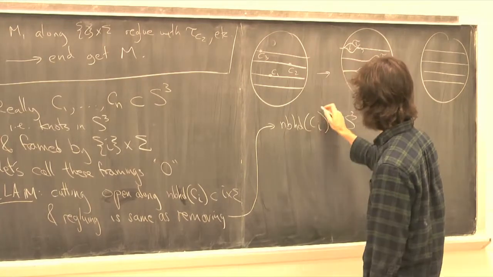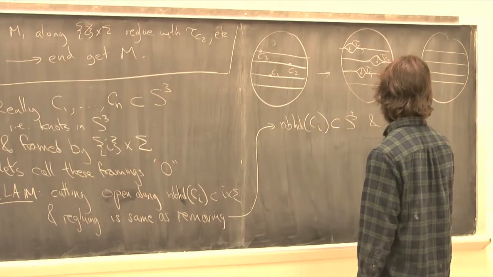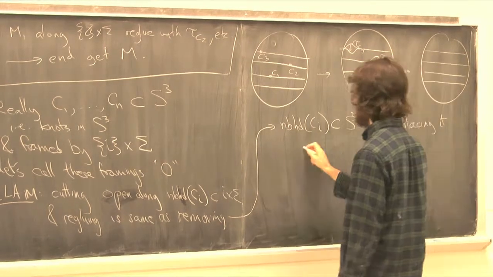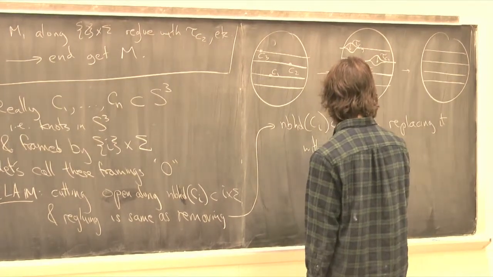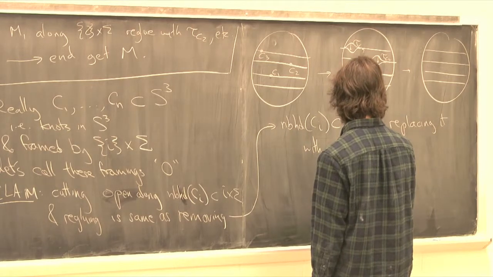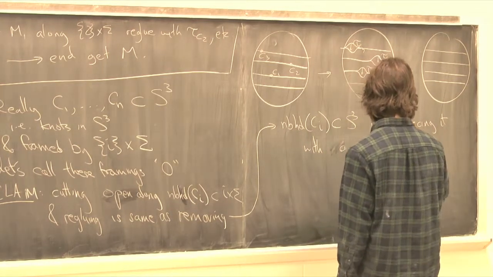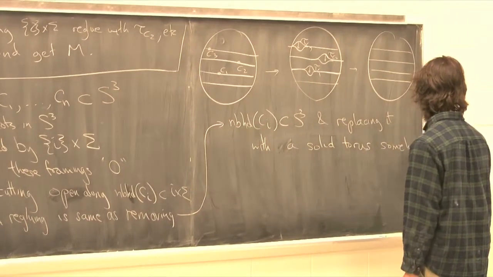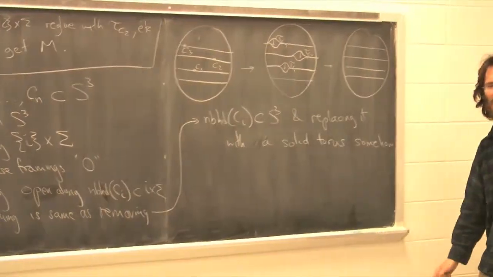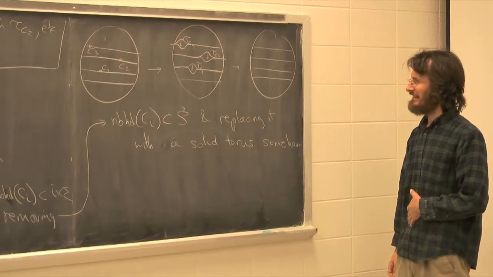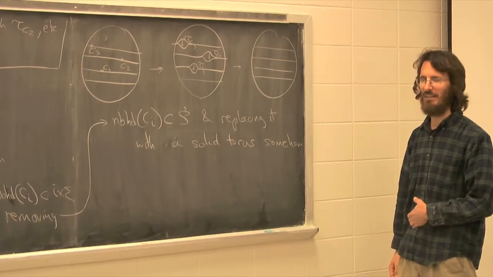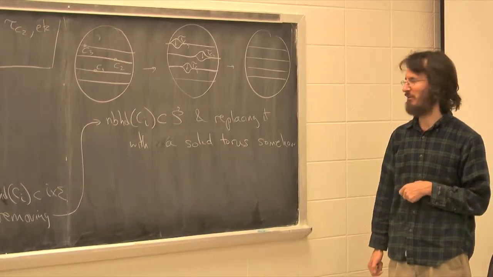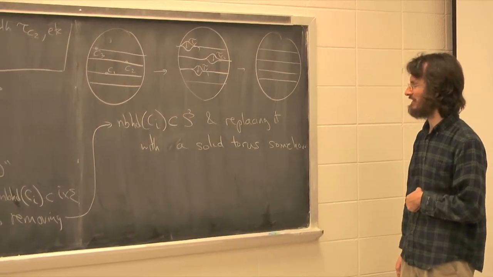So this is a solid torus neighborhood, and replacing it with a solid torus. Now are there any questions about that? I want to now try to dig into really how the solid torus is being replaced.